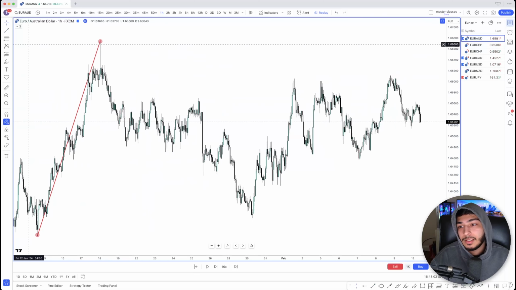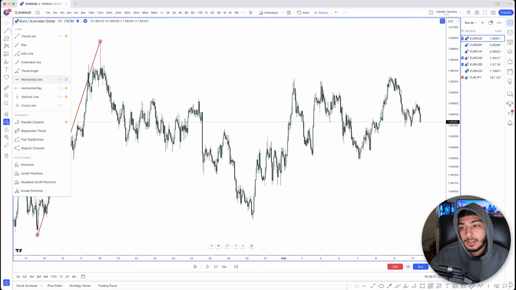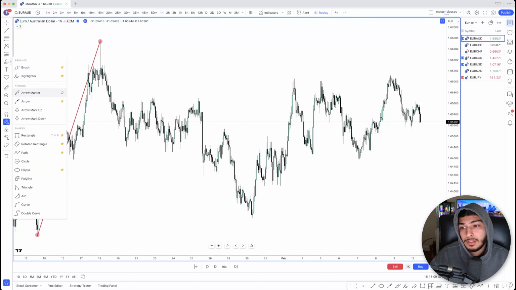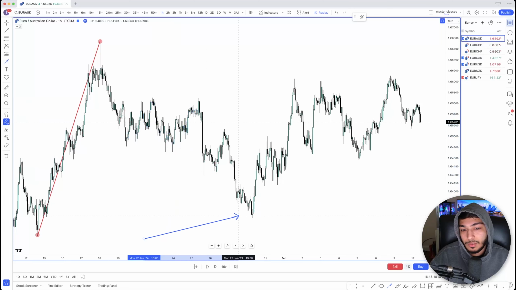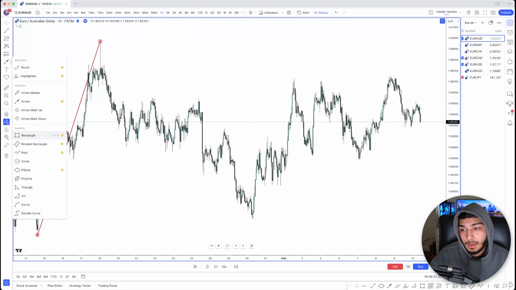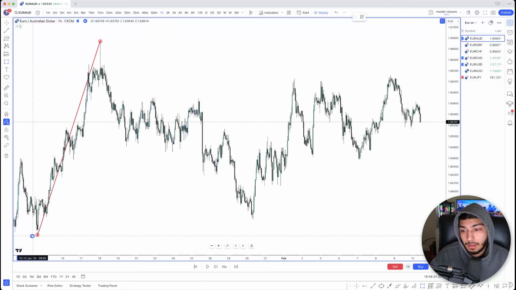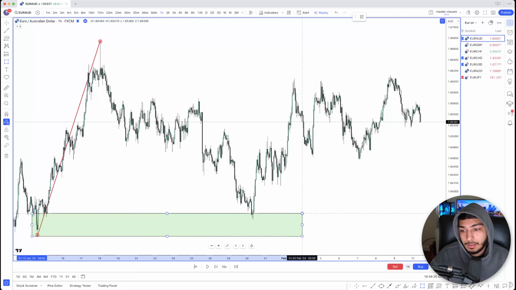Now, because this is a wave and this is a very impulsive wave, what we have to understand is that just because price makes an impulsive wave that's very vertical, what we should expect is a correction. In this case, this was a very deep correction, and it came back to mitigate something down here.